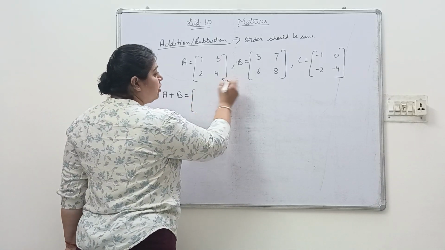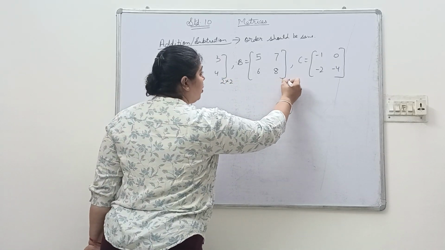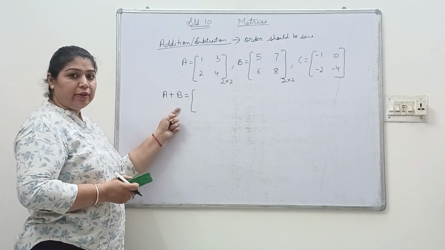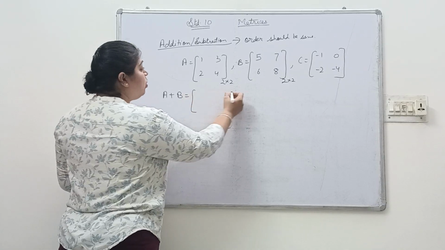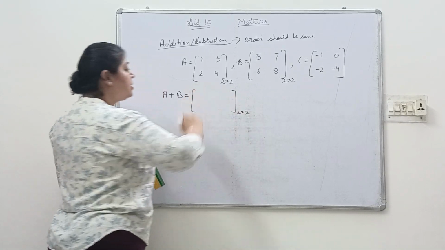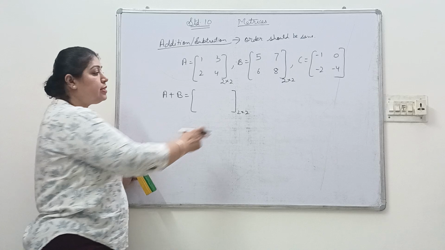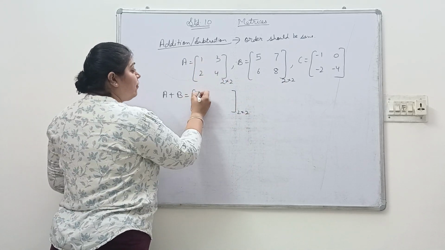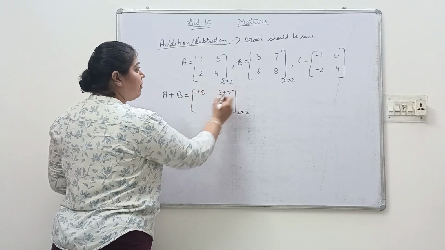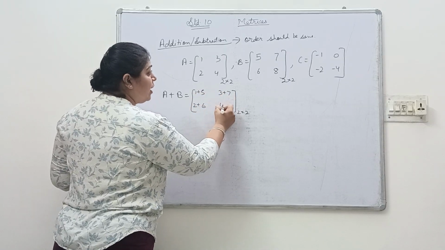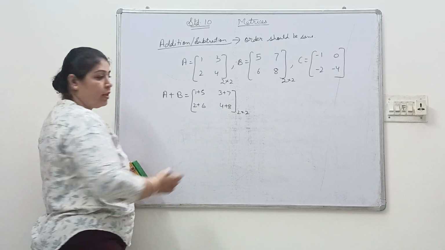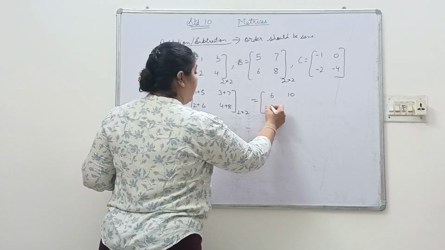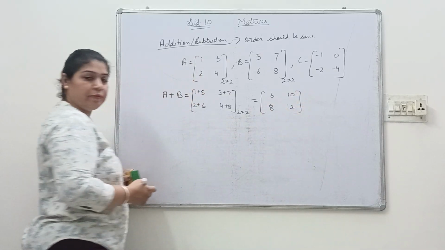A is having order 2 by 2, B is having order 2 by 2. That means addition of these 2 matrices is possible. So add the corresponding elements and the addition also has the same order 2 by 2. 1 plus 5, 3 plus 7, 2 plus 6 and 4 plus 8. So we are having 6, 10, 8 and 12.